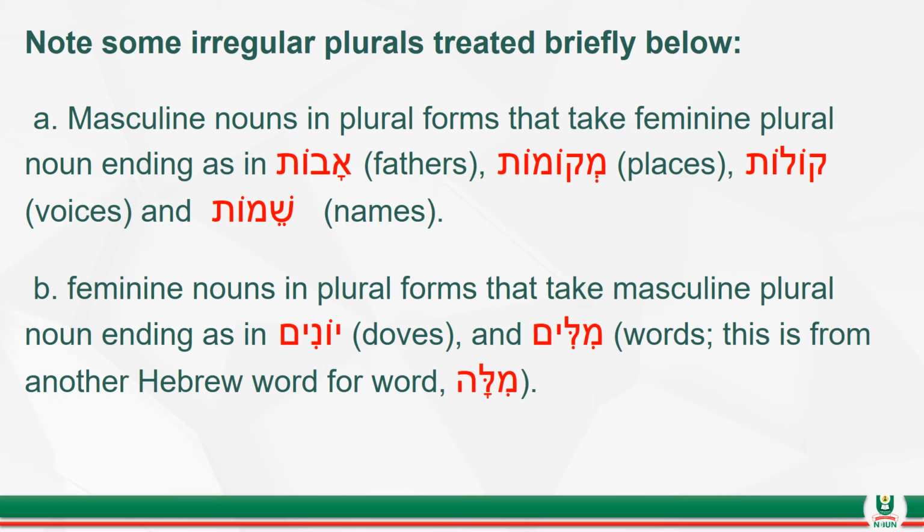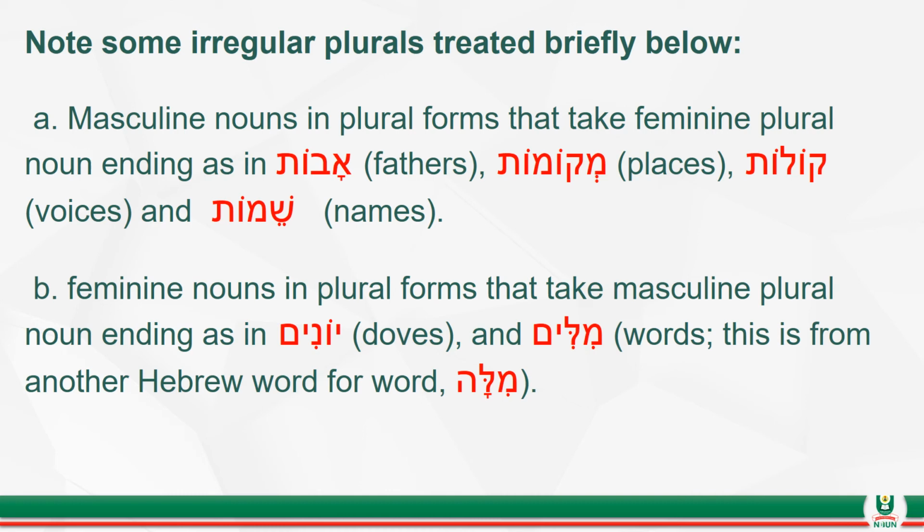Now let's look at irregular feminine nouns. We have yonim. Yonim is doves. Instead of having yonot, which is feminine, we have yonim. So you note it. We have milim. Milim instead of milot.